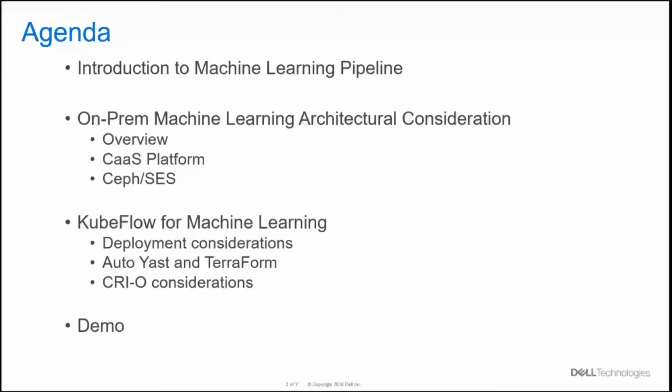Then we're going to start diving into the architectural considerations, and we'll spend a lot of time on Kubeflow, specifically around how to deploy it and some other technical considerations while you're deploying Kubeflow for your machine learning. And we'll end the presentation with a good live demonstration of Kubeflow running on PowerEdge servers. So with that, let's get into it.